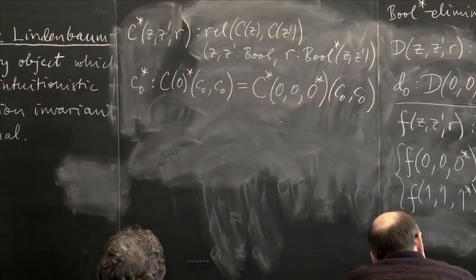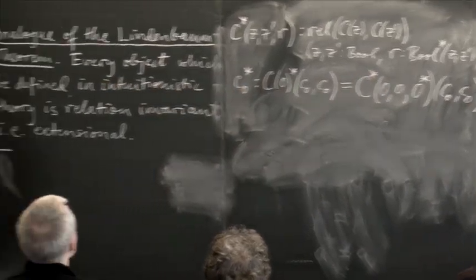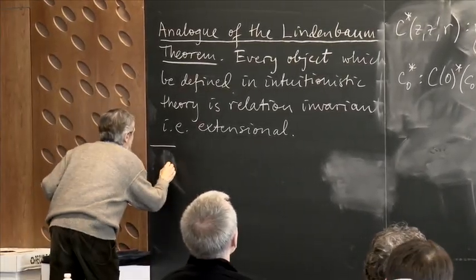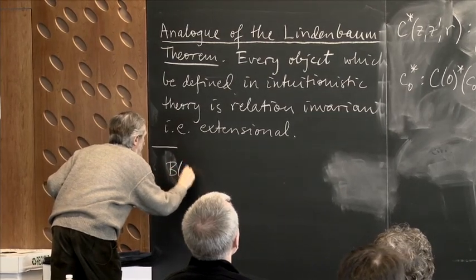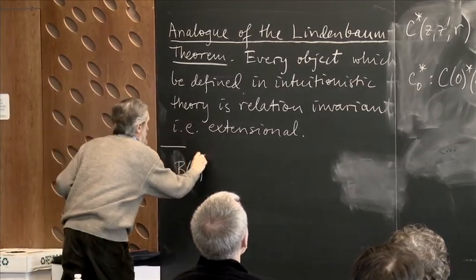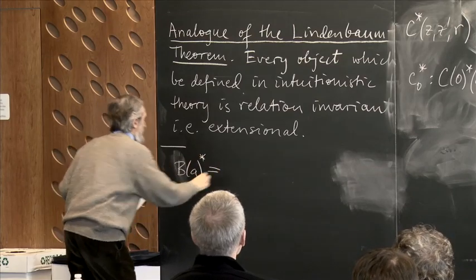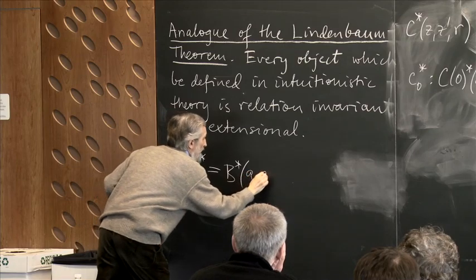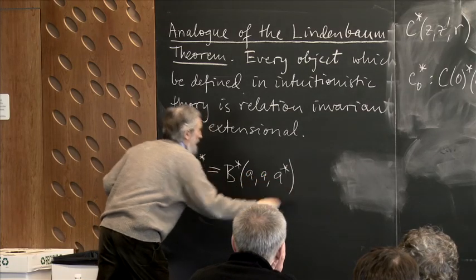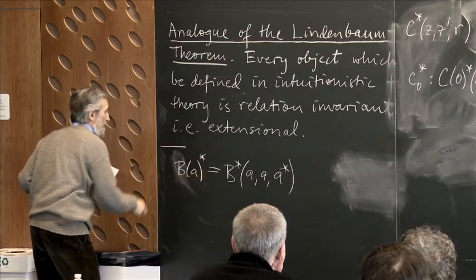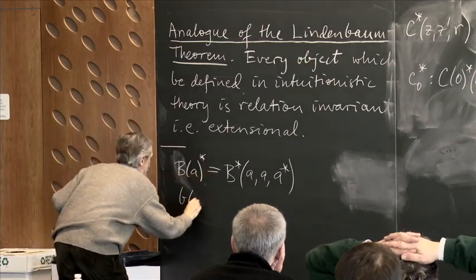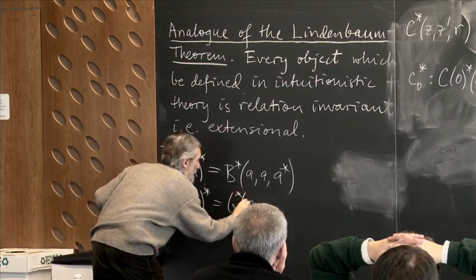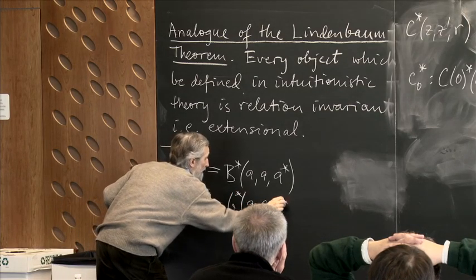So this substitution rule, which I will not establish but take for granted, is the rule that if you have, say, capital B of A star, that's the same as B star of A, and A star on the set level, and on the element level, similarly, B of A, say, star is B star of A star.